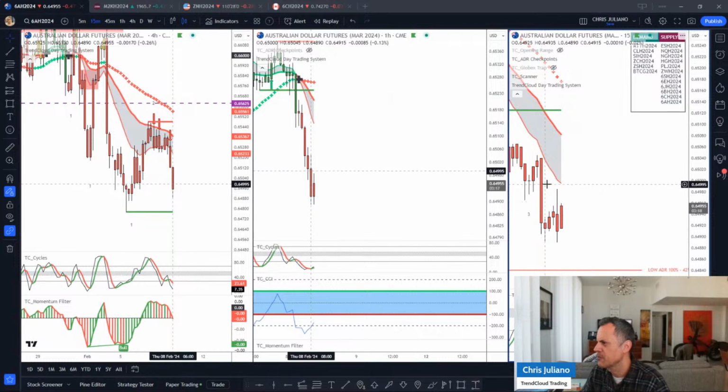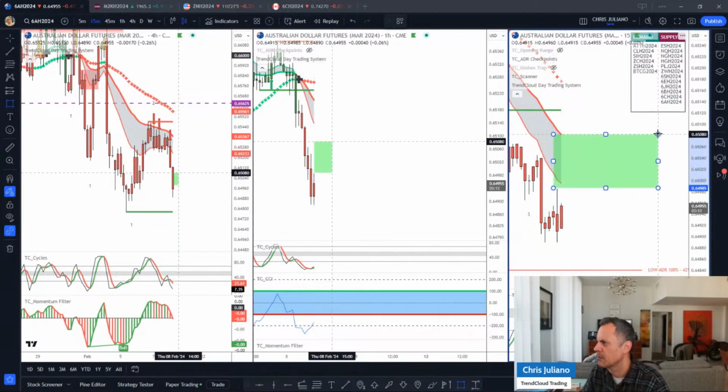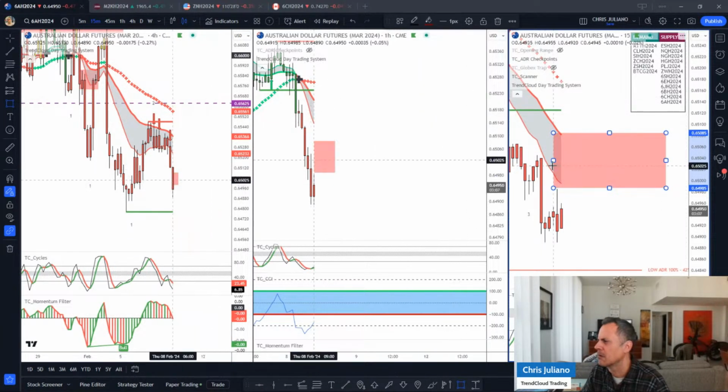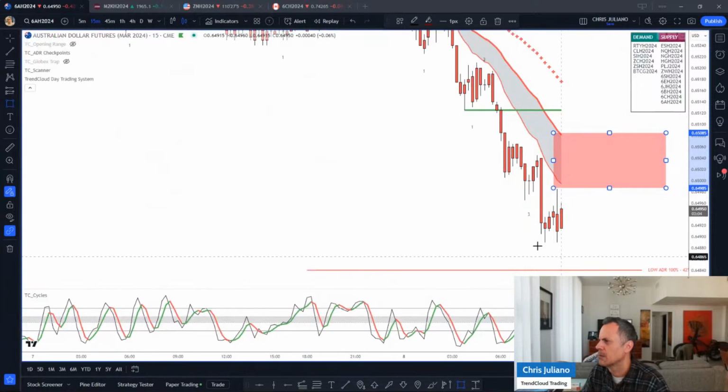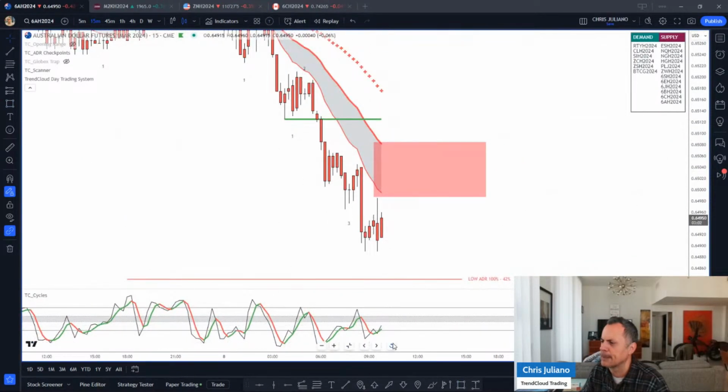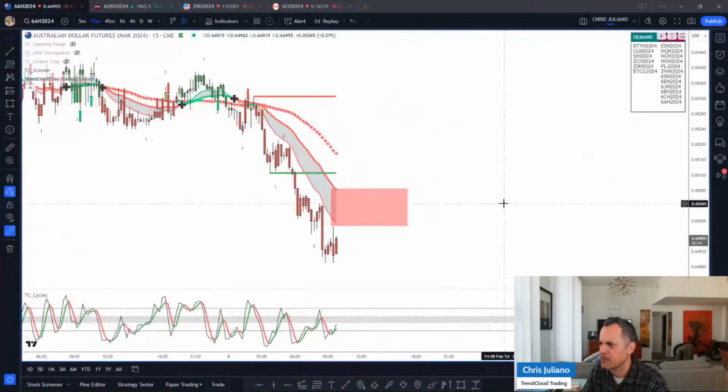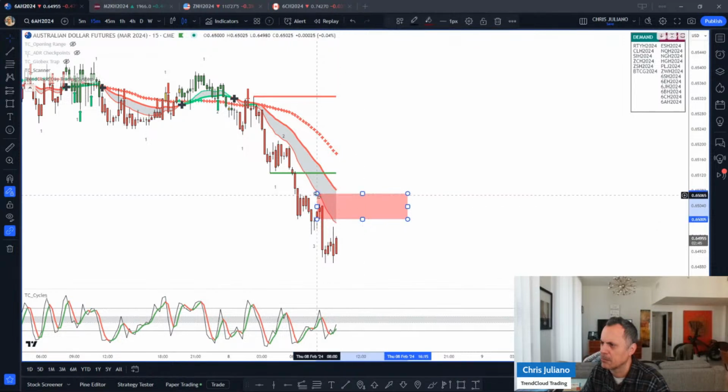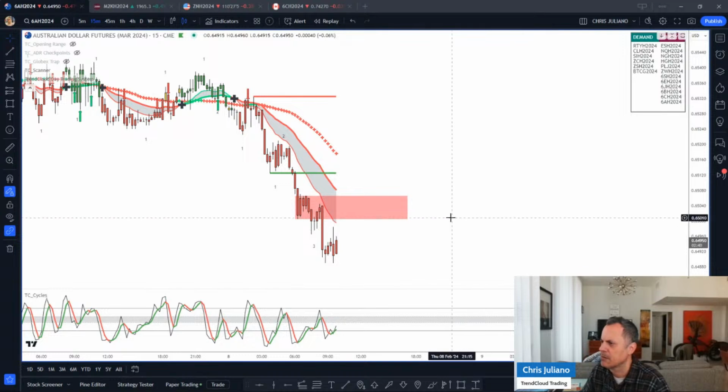Well, we got a nice opportunity right in here, don't we? 15-minute trend cloud right here. Let's sharpen this up. Yeah. Here's your 15-minute trend cloud. Right? How about that? There's your zone right there.